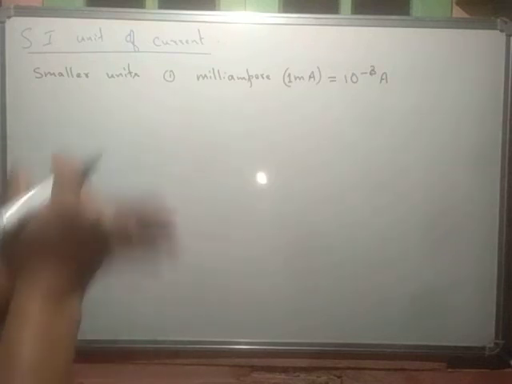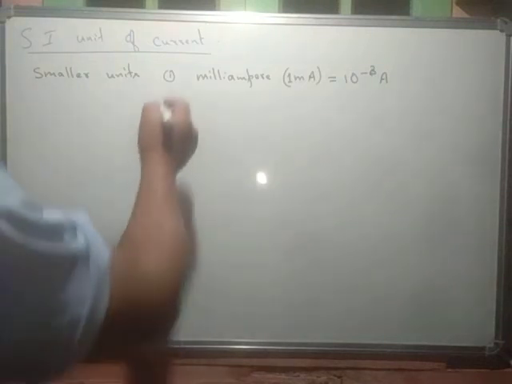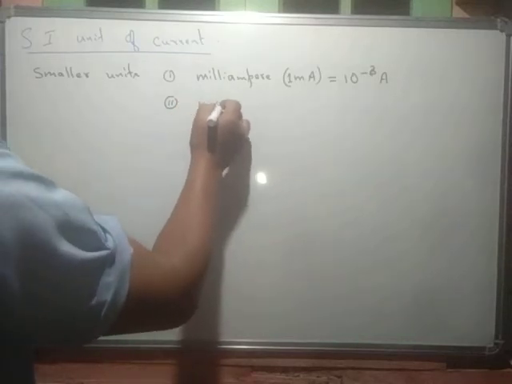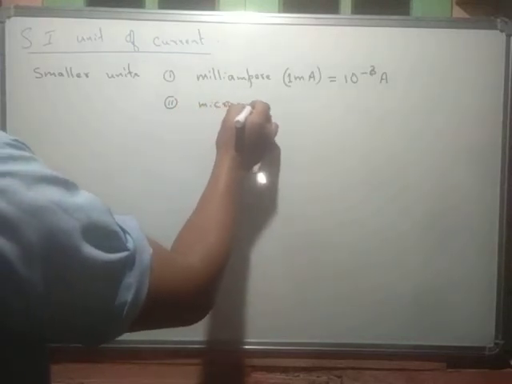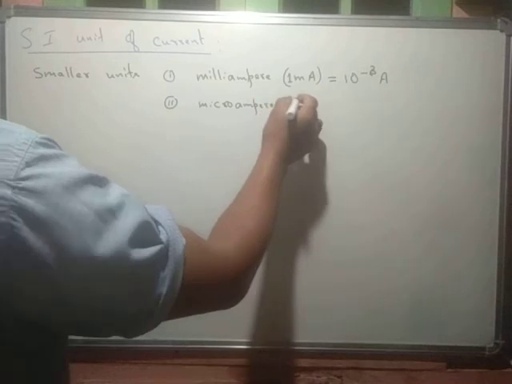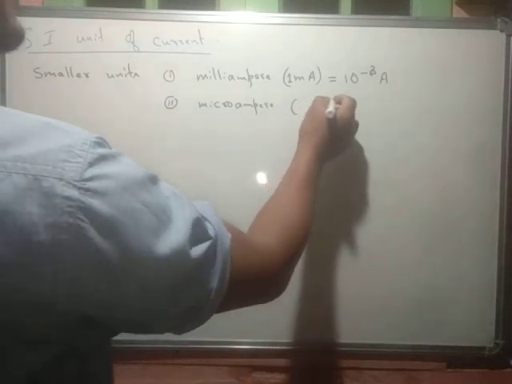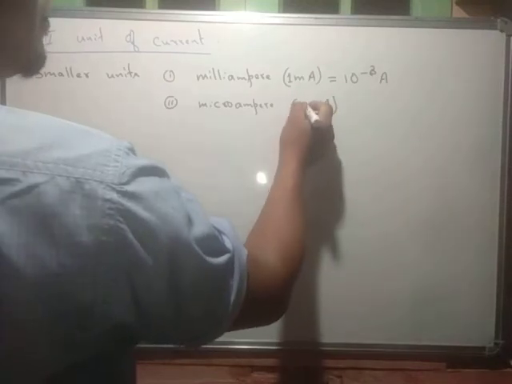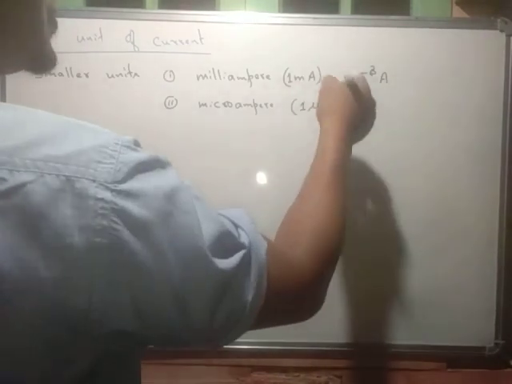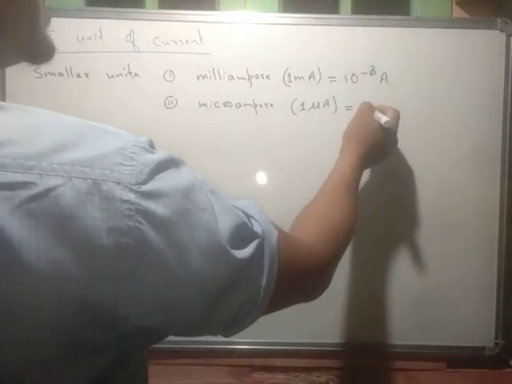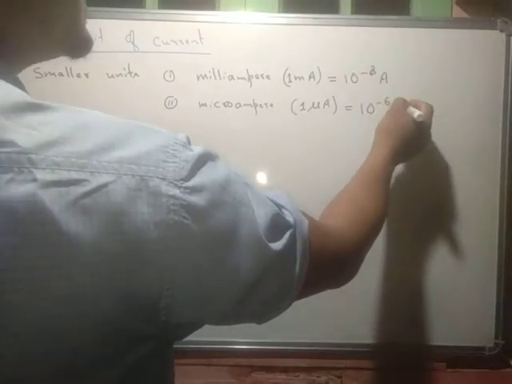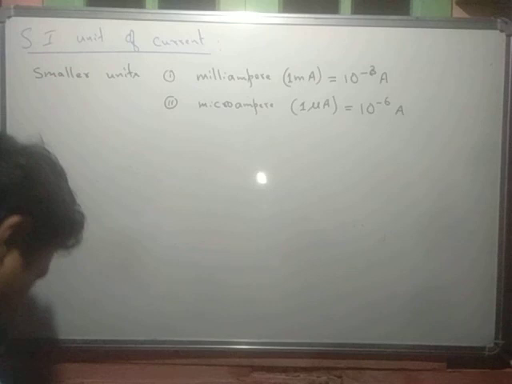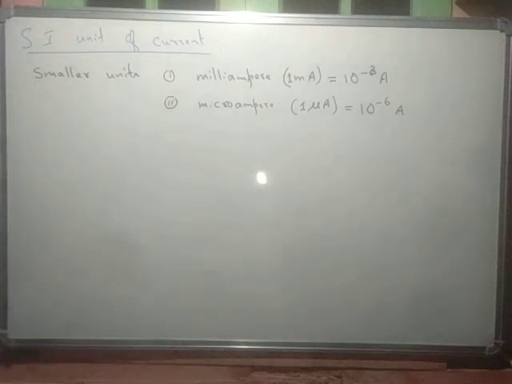This is the first smaller unit of electric current. The second smaller unit of electric current is microampere, and symbolically we write mu A. Mu stands for micro. So 1 microampere is related to the SI unit as 10 to the power minus 6 ampere. These are the two smaller units of electric current.